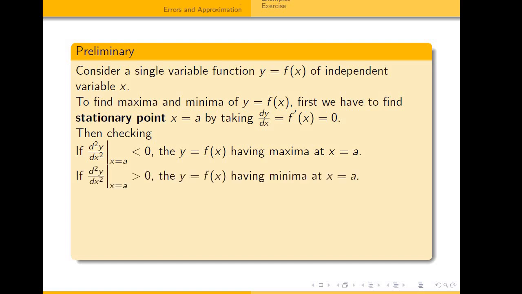And if this double derivative of y with respect to x at x equal to a is greater than 0, then the function y equal to f of x has a minimum at x equal to a. This is the technique to find maxima and minima for a single variable function.